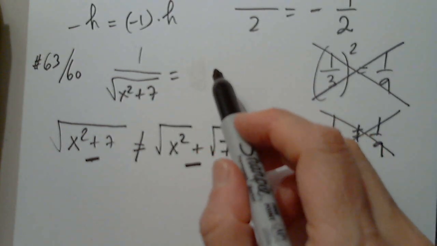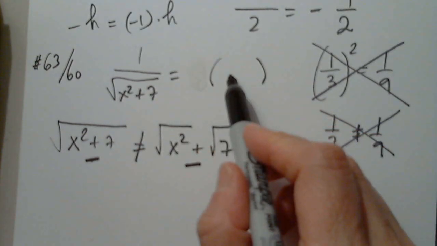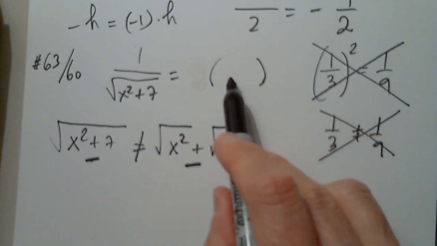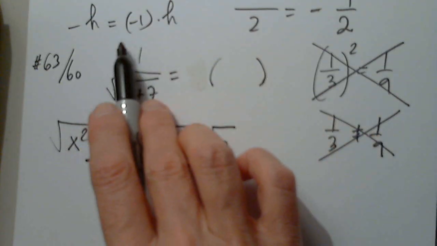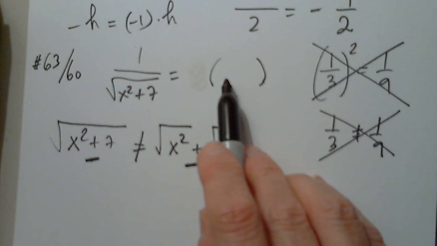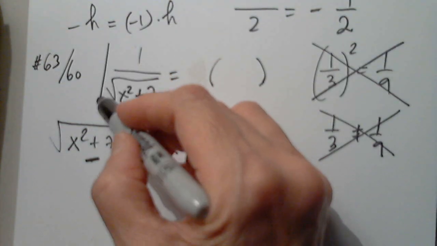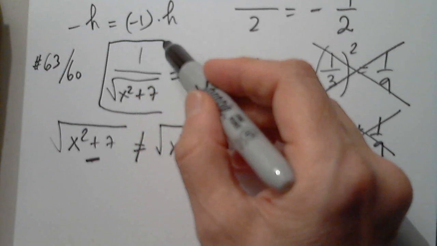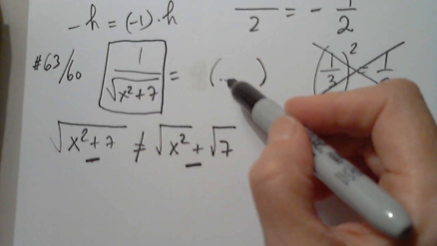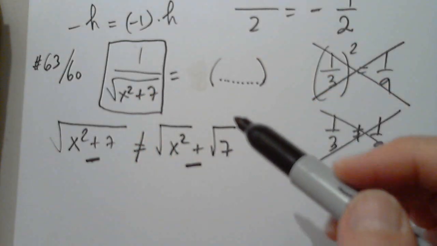What is the base? What is the base that I have to write here in parentheses of this expression? What is the base? What do you think? Michaela, what do you think? What is the base in this expression? What will be the base that I have to write here? X squared plus 7.